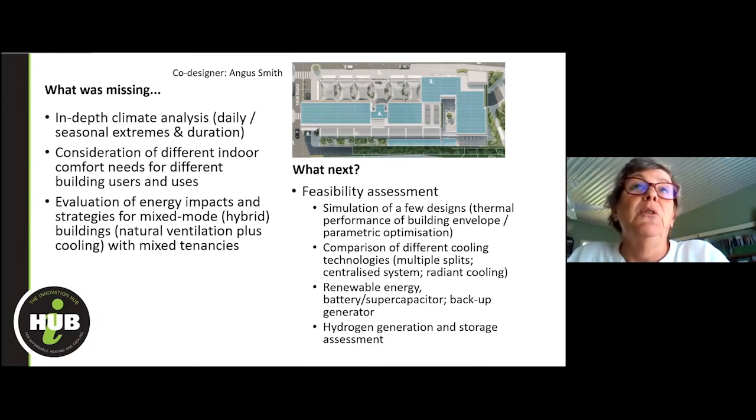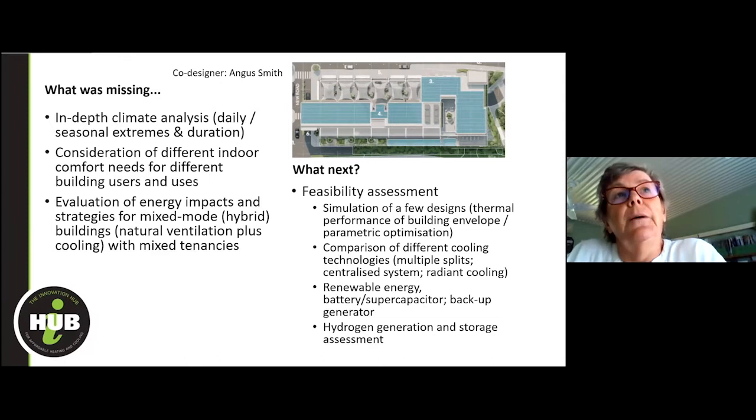But for elderly people in particular, but for all of us, we live in the extremes. There was also generally not a consideration in the design solutions about the different indoor comfort needs of different building users in the different uses of the building. It seemed to be generic approaches across all building classes.